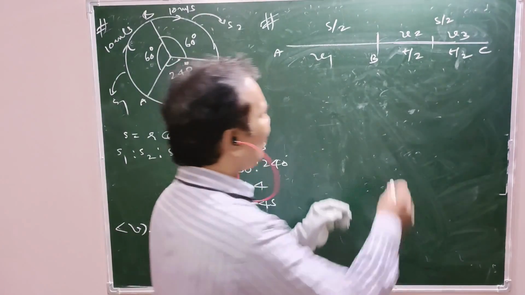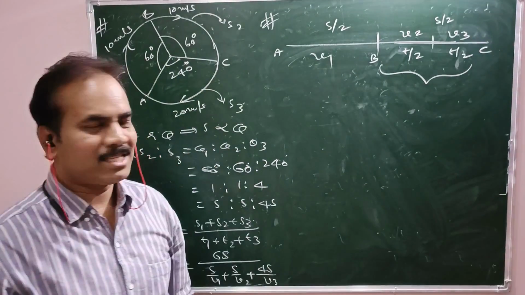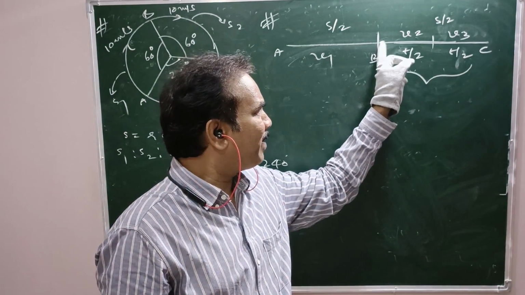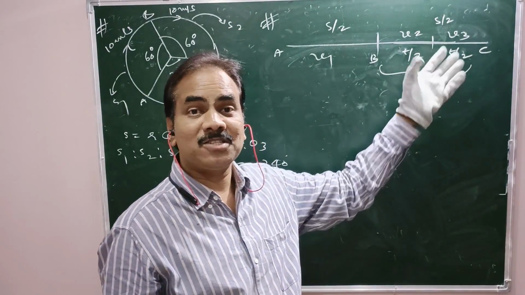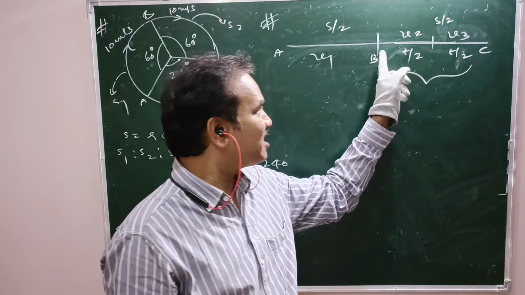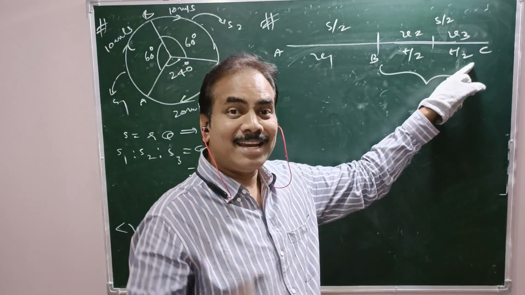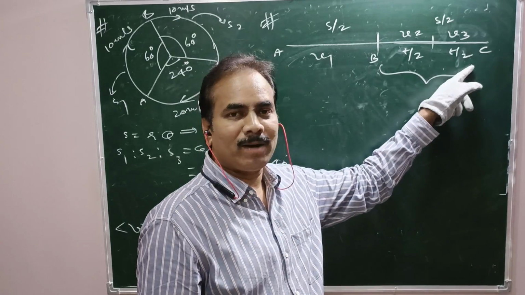Now see, as far as segment BC is concerned, from B to C, what is the time taken here? T by 2 plus T by 2. The journey time from B to C is divided into two equal parts, T by 2, T by 2.